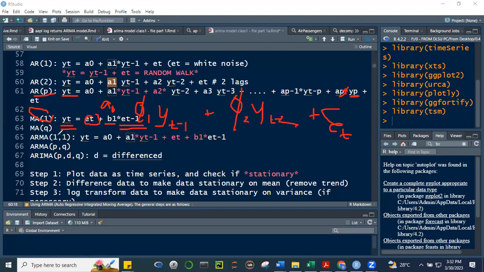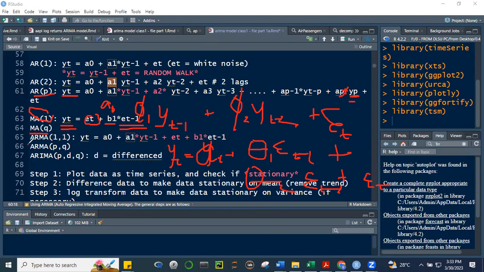If it's an MA2 model, then y sub t is equal to a sub t plus b1, and oftentimes b1 here is written as theta 1, theta 1 epsilon t minus 1, plus theta 2 epsilon t minus 2, and then plus you have your epsilon sub t. And then your MA(q) will be q lags.